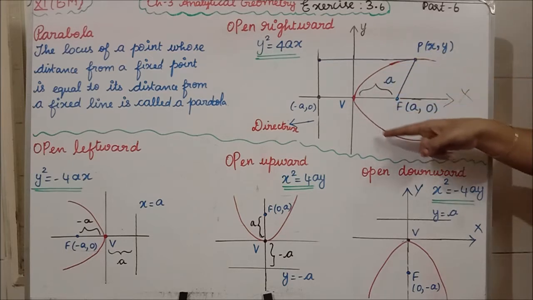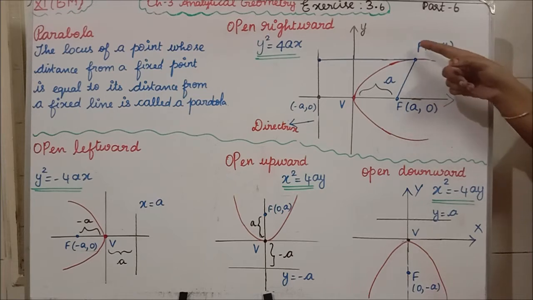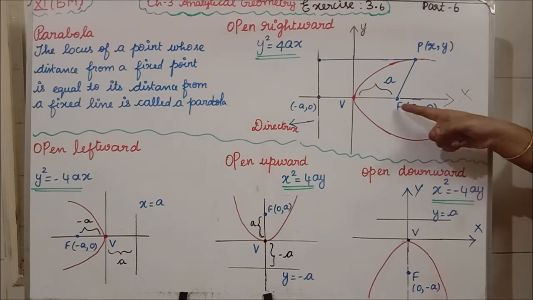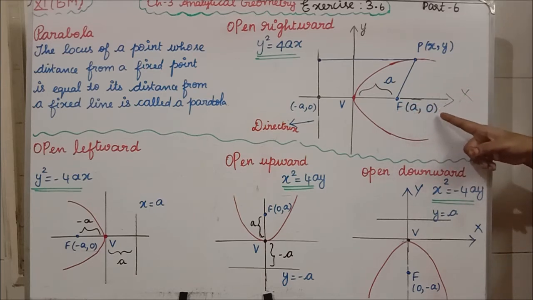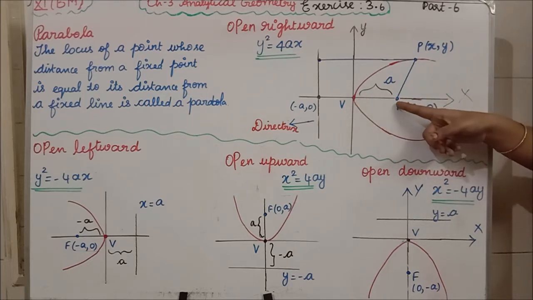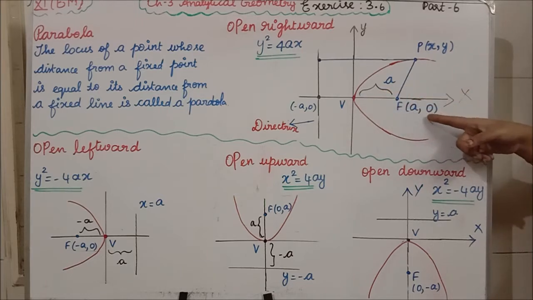The fixed point used to draw a parabola is called the focus. Here the focus is F(a, 0). Why? Because it is on the x-axis. From the origin to here, the distance is a, and y has no distance, so 0.